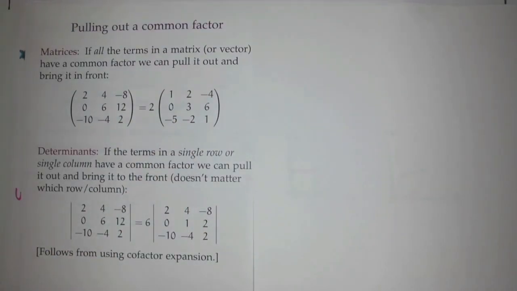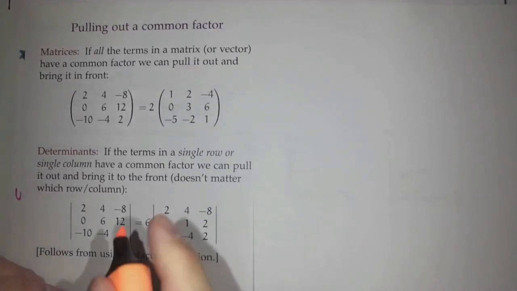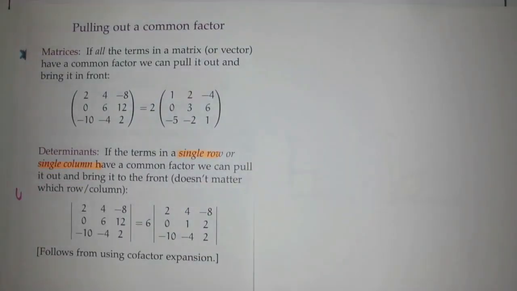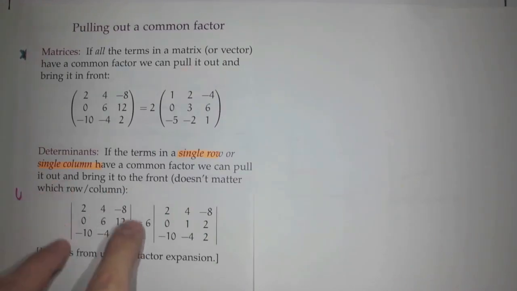So that's for matrices. Now, determinants are a little more interesting, because it feels like, well, a determinant has something to do with the matrix, so it feels like it should be the exact same. But it turns out there's a little bit of subtlety here. So with determinants, you look and say, is there a single row or a single column that has a common factor? So you don't pull it out of the whole expression. You pull it out of a piece of it. So in this particular case, if you look at the matrix we're taking a determinant of, and we know it's a determinant because of the bars here.